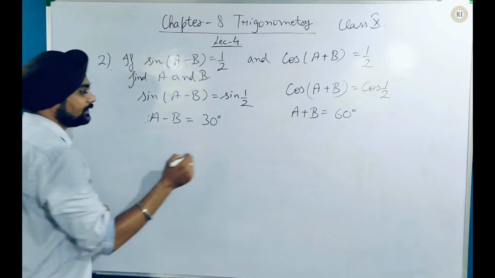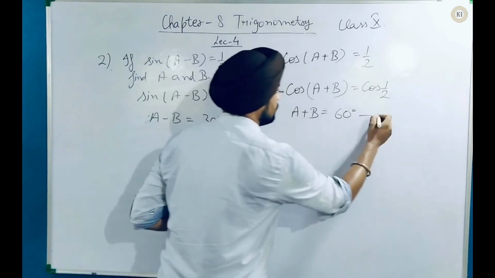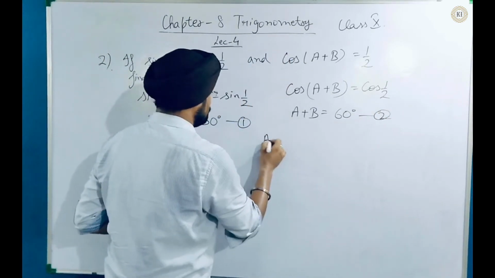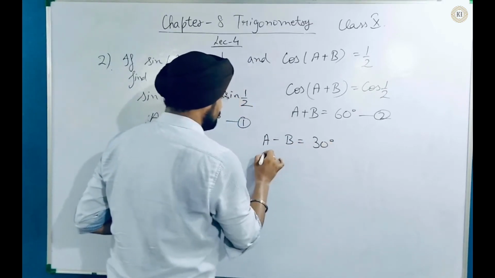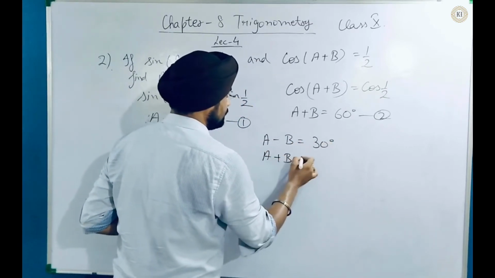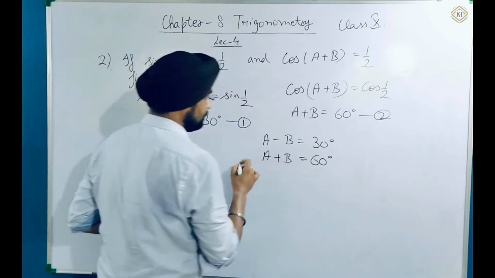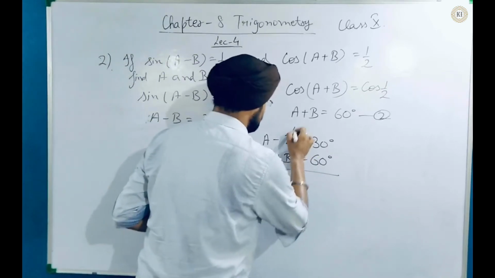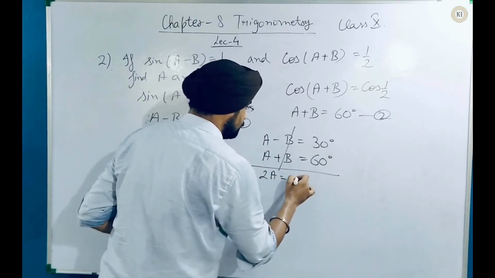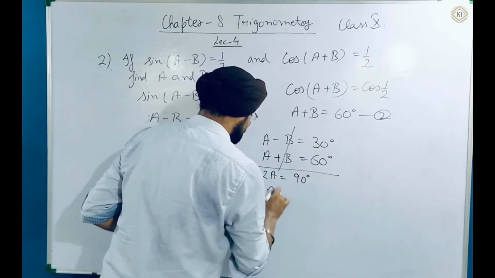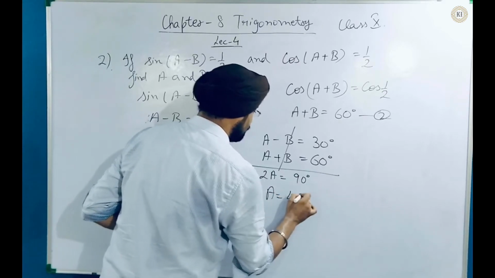Now we solve both the equations simultaneously, equation number 1 and equation number 2. So a minus b is equal to 30 degree and a plus b is equal to 60 degree. From here minus b plus b cancel. So 2a is equal to 90 degree, value of a will be 45 degree.